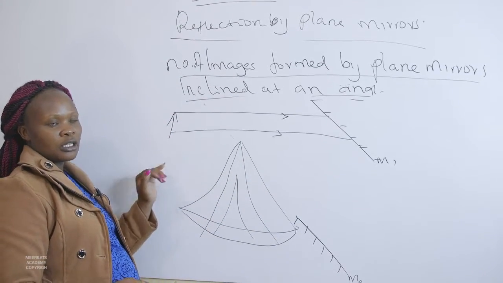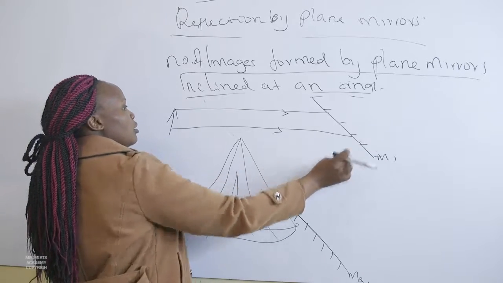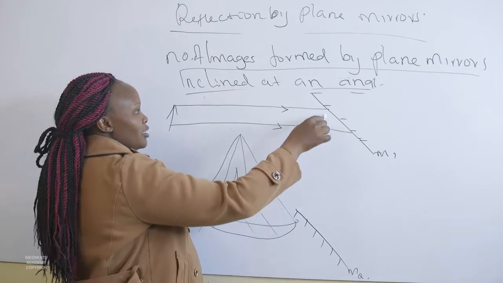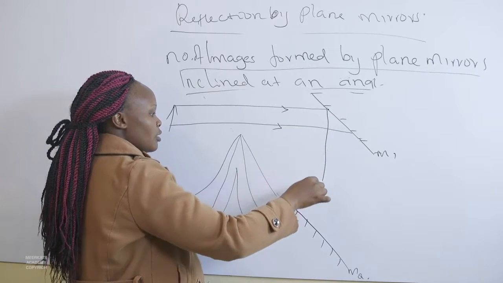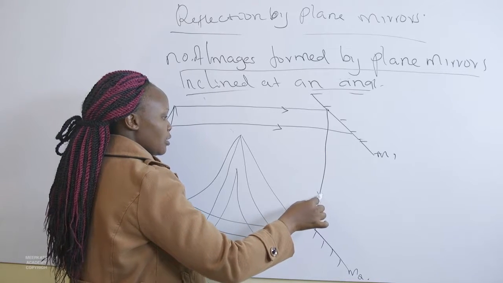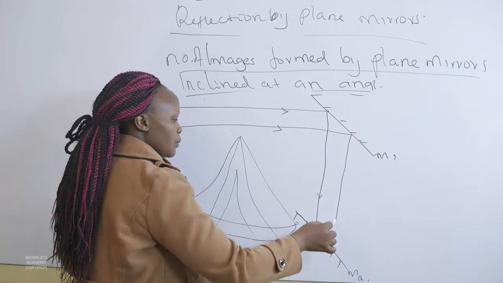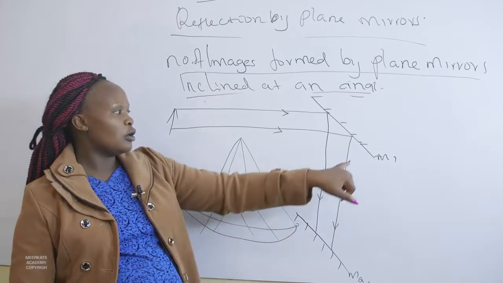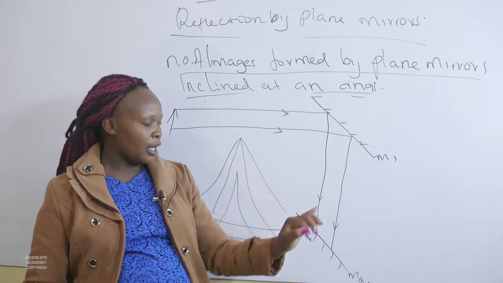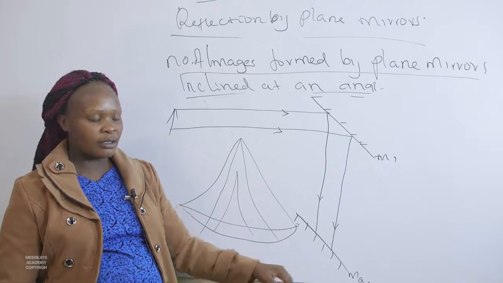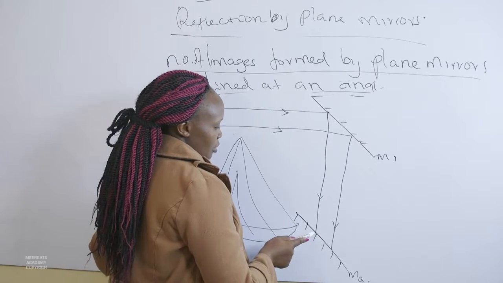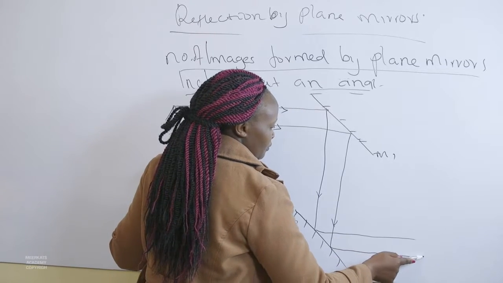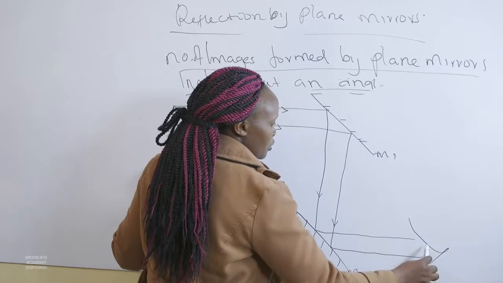This object forms an image when it is observed via mirror 1. Now those rays are going to be reflected so that now the image of the first mirror becomes the object of the second mirror. Then the same is reflected to your eye.